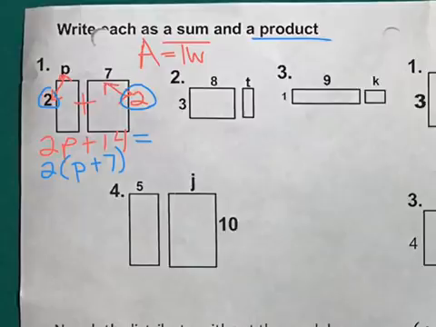Looking now at number 2, we have the area of the left rectangle, which would be 3 times 8, which is 24. And then it's got, again, that same length. So now we have 3 times t, which would be 3t.